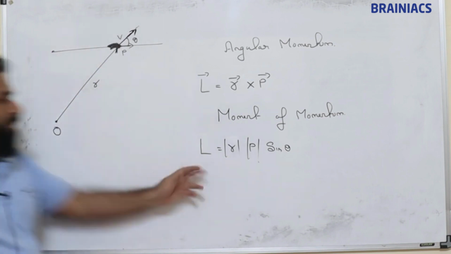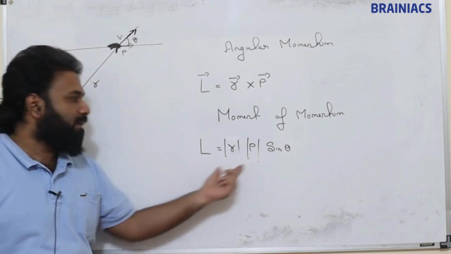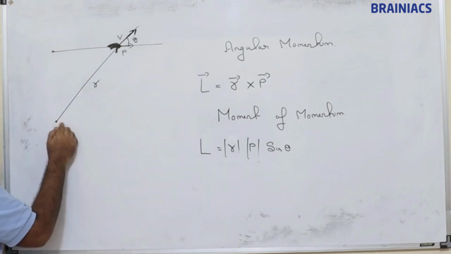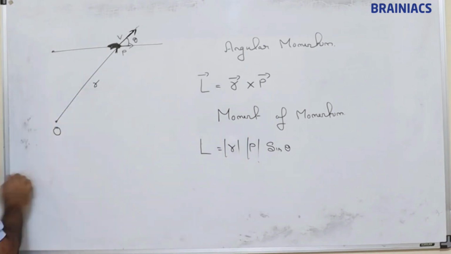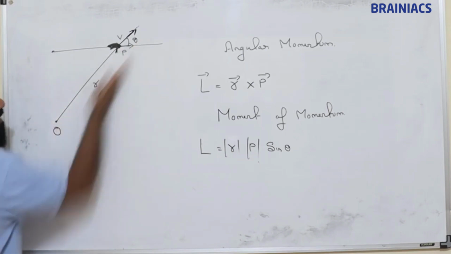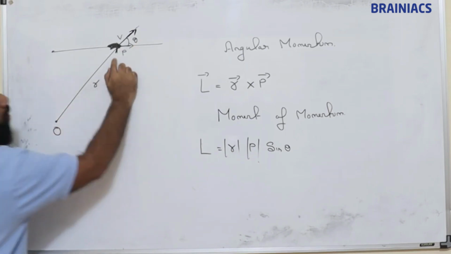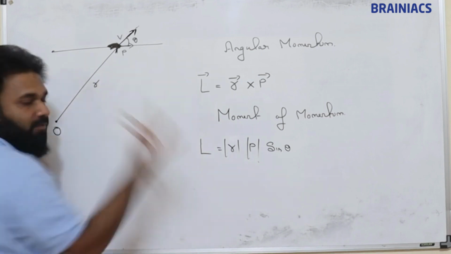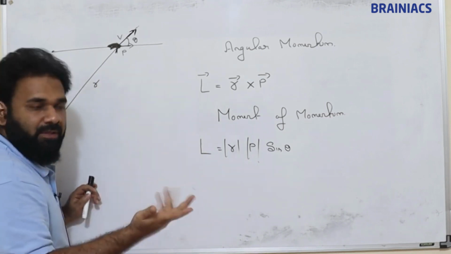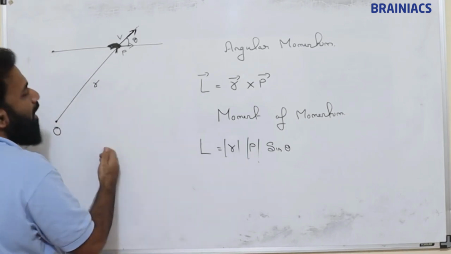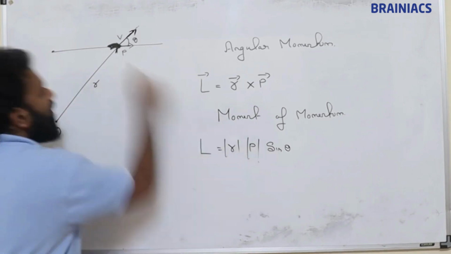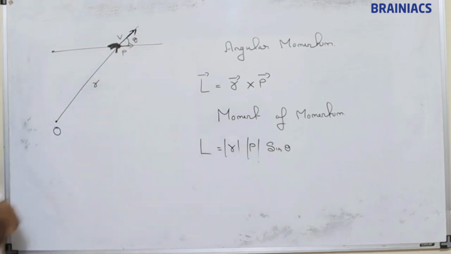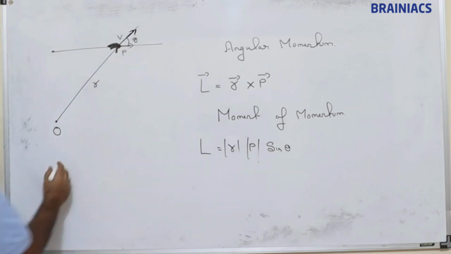So angular momentum is r, the distance from the point from where we are observing, into the momentum, whose direction is the direction of velocity, and theta is the angle between the r vector and momentum. I hope you understood.